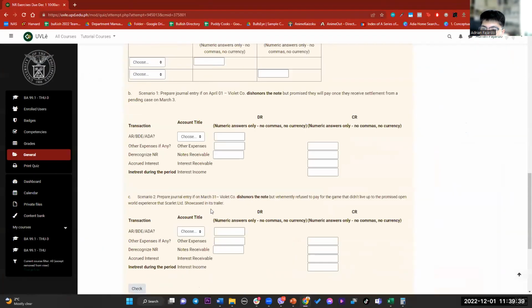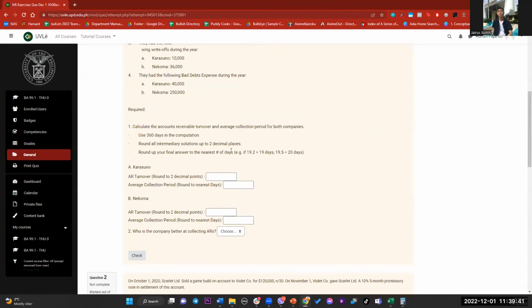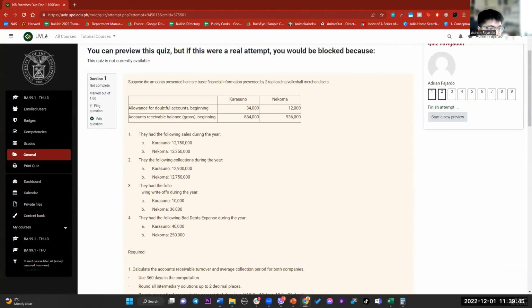Are there any other questions for this? So, I don't know if you were able to note, pero like what I mentioned, for those that have been relying on Valix also for cash, very helpful siya. But again, reminder to everyone, sa receivables, yung helpful chapters lang would be BDE and ADA estimates.